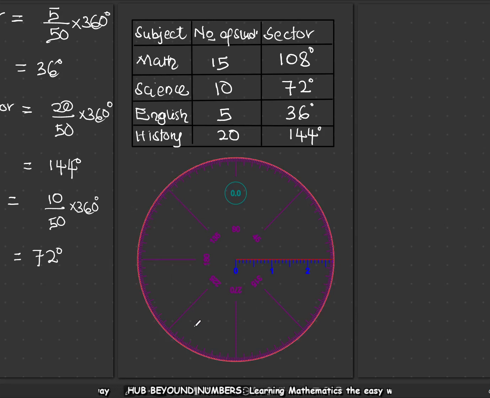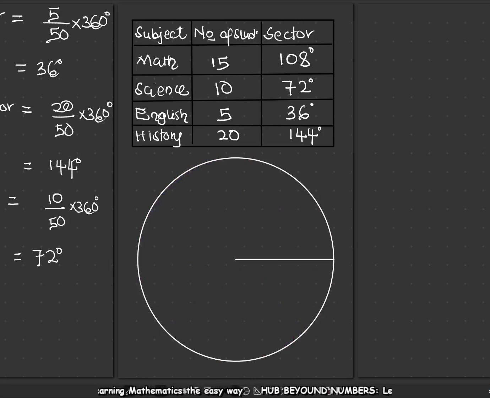So this is my nice circle as well over here. And then I will now draw the radius. So I'll just draw the radius of my circle. Starting at 0, I've gotten my radius, and that is it. Now I can take off my compass.